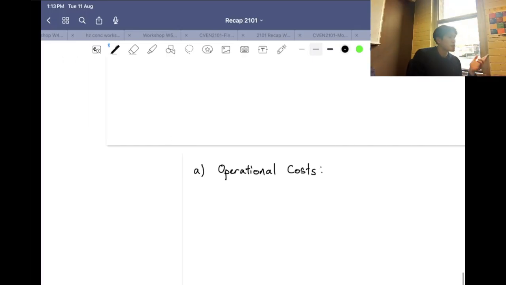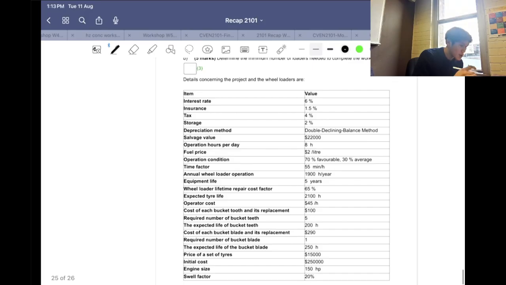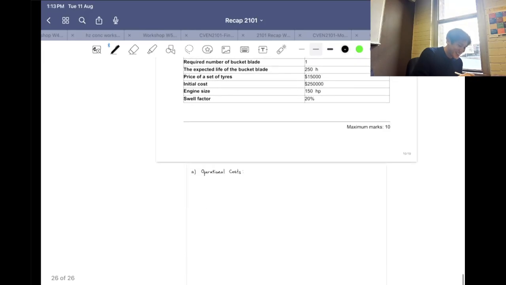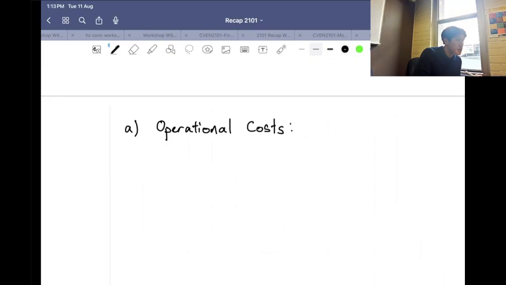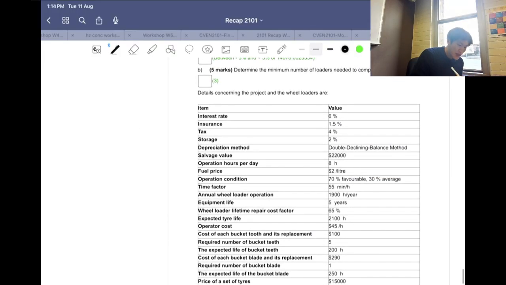Firstly, there are 3 components: your depreciation, your investment cost, and the ITS cost, which is the interest, tax, and storage costs, as they'll tell you in the table. But firstly, let's work through the depreciation. In the question, they told you to use the double declining method. So that's what we'll be doing.